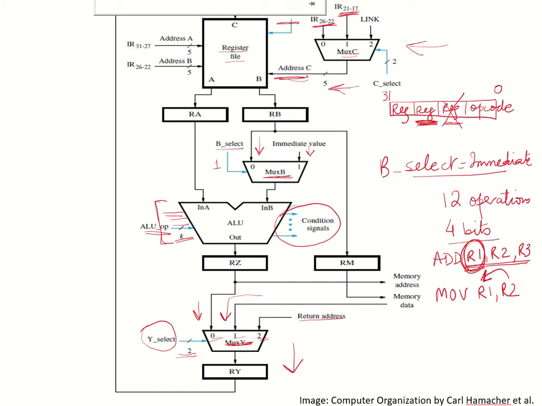The third possibility is that if some address from the program counter has to be stored in the link register, that also goes into the register file, so the address of the link register can be chosen over here.